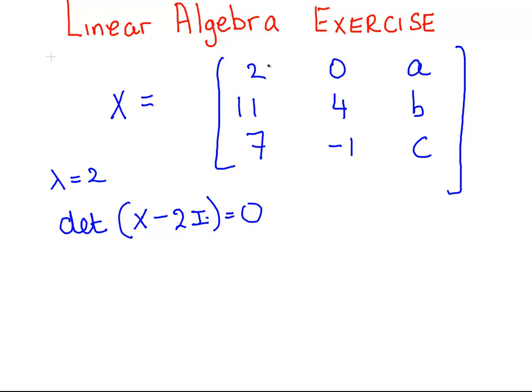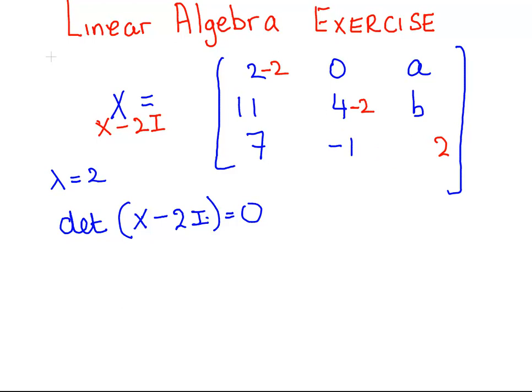So what we're going to do here is compute x minus 2I. So minus 2 there, minus 2 there, and minus 2 there. Now remember that was minus 6, so let's write that in to make it clearer, because we know what C is already.